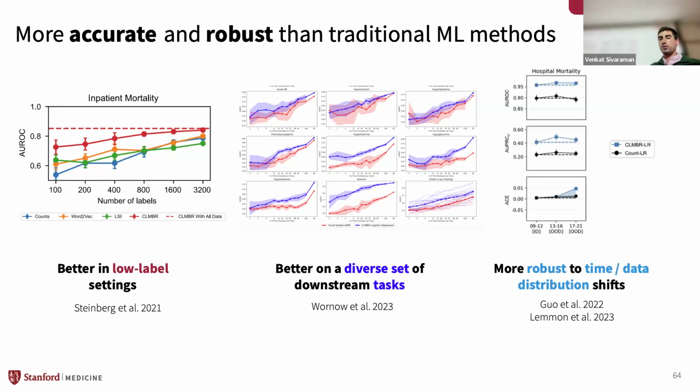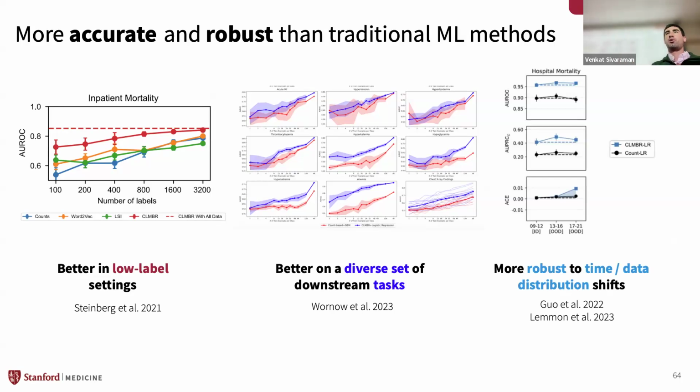Same model. And then these works also showed that foundation models appear to be more robust to shifts due to time. So if you're training for a few years and then making predictions in the future, there's always shifts in how medicine is practiced.